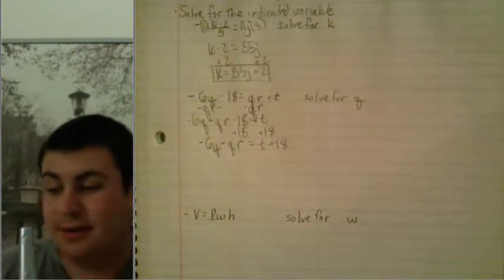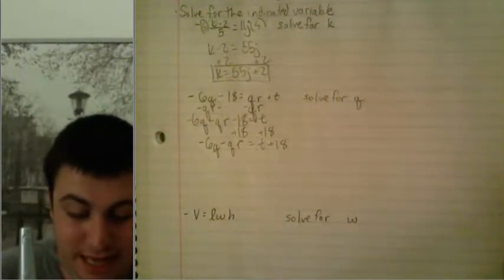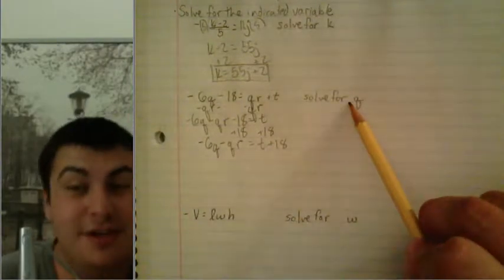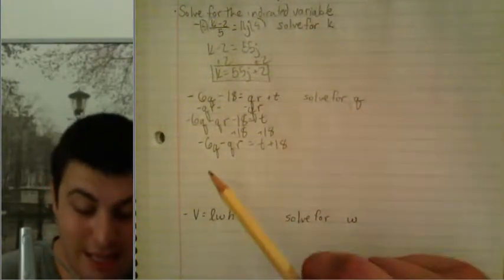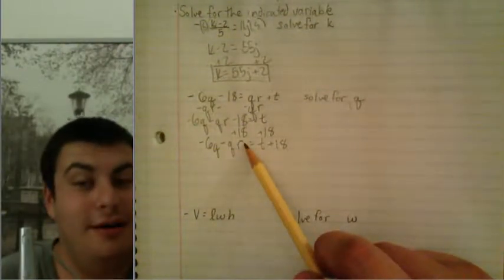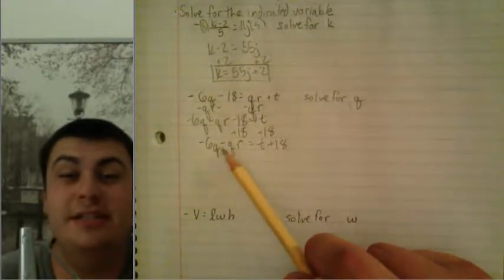Now, what you'll notice is that I'm solving for q. And here I have 6q minus qr. Well, think about that. There's a q in both of these terms.